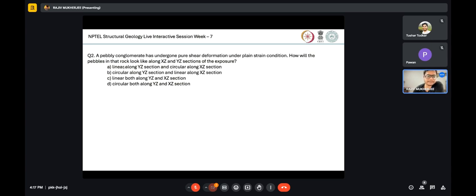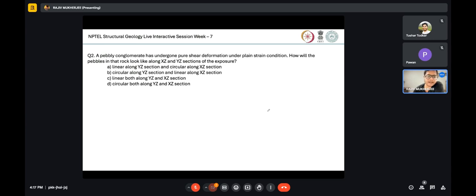It says that a pebbly conglomerate has undergone pure shear deformation under plane strain condition. How will the pebbles in that rock look along XZ and YZ sections of the exposure? Option A, linear along YZ section and circular along XZ section.